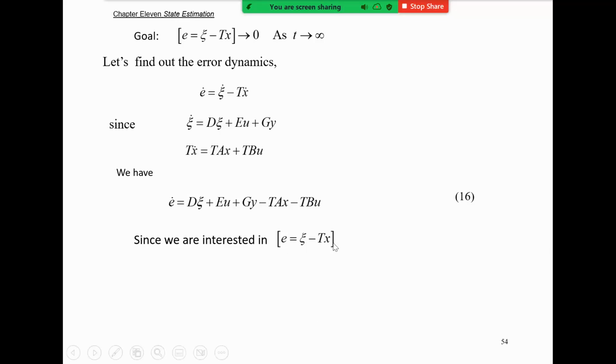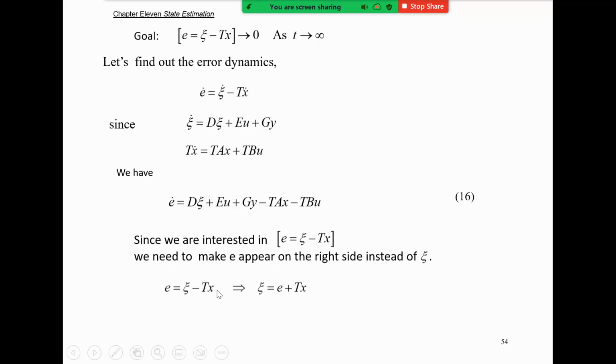We're going to replace C by e and T X. Because e equals C minus T X, C equals e plus T times X. And we plug it into this equation, replacing C by e plus T X.